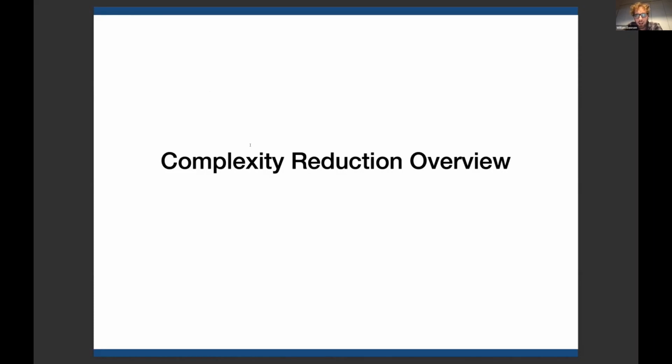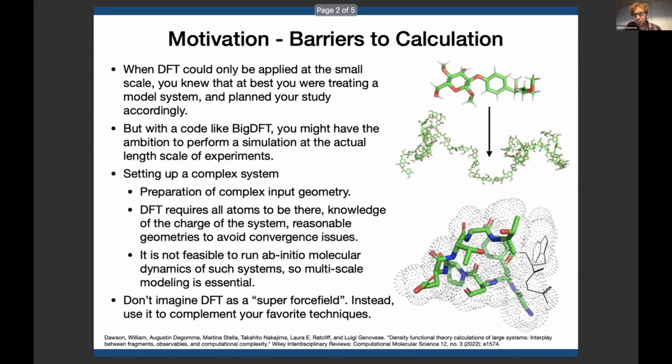You should know that historically, for many people who have done DFT calculations, the impression is that you can only treat small systems. And this is the impression they had because for many years this was the case. You really could just treat systems made up of tens or hundreds of atoms with a quantum mechanical method. I think about one of my collaborators.